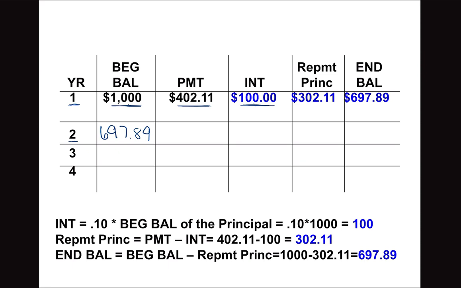And again, our payment is the same. Our payment has not changed. Our payment is the same for every single payment period. What's going to be different is how much we pay towards interest and how much we pay towards principal. So again, to find my interest payment, I take the 10% and multiply it by our beginning balance. When I do that, I get $69.79, rounding.